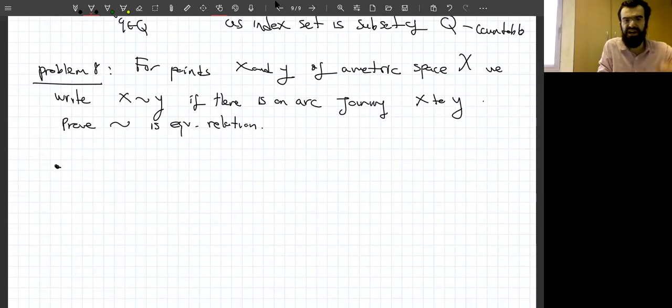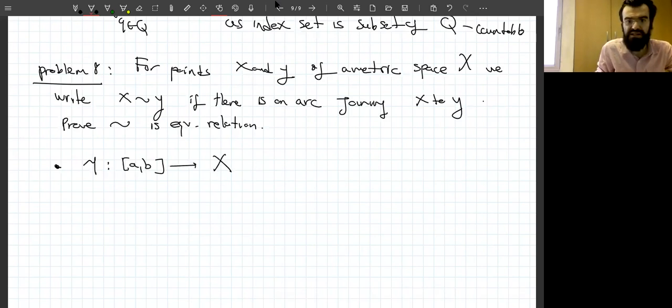First, it is reflexive. Let gamma from [a, b] to X, sending t to x, be the constant path.